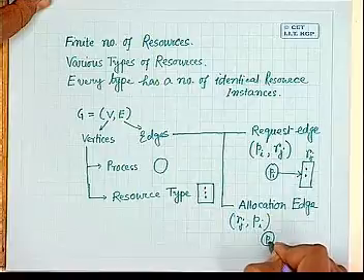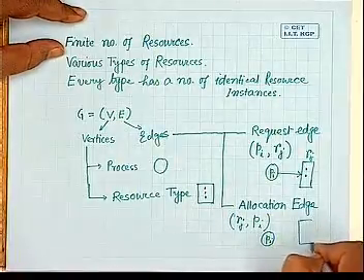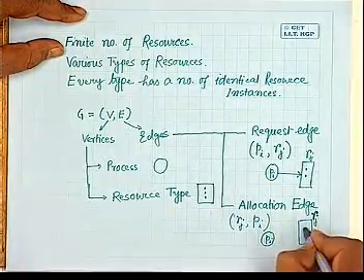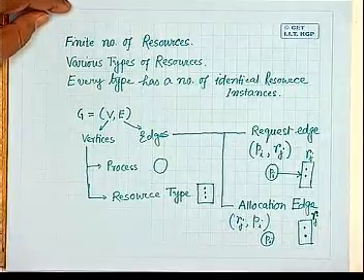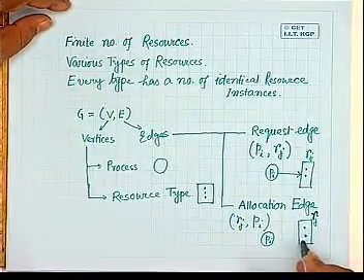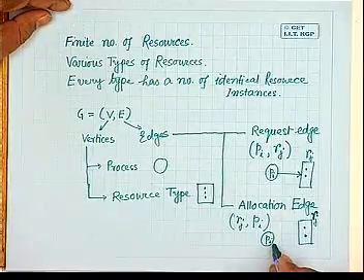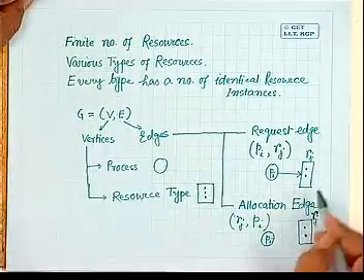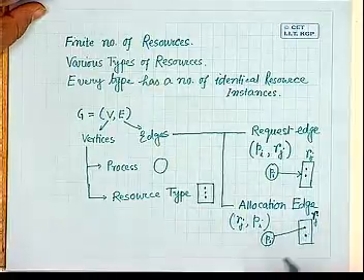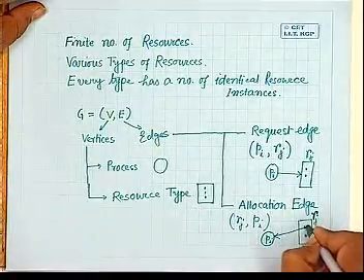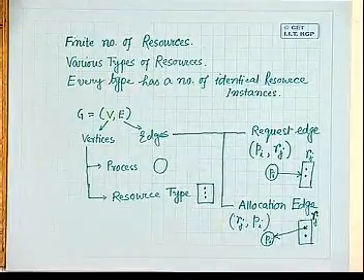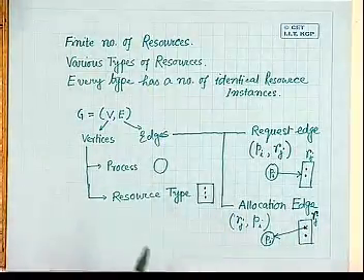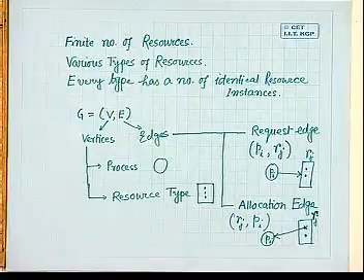Say process Pi has requested an instance of a resource type Rj which contains 2 identical instances. One of these 2 will be allocated to process Pi. So, when you convert the request edge to the allocation edge, when the allocation is actually made, the edge has to start from a particular instance to the requesting process Pi. And this graph is called a resource allocation graph.